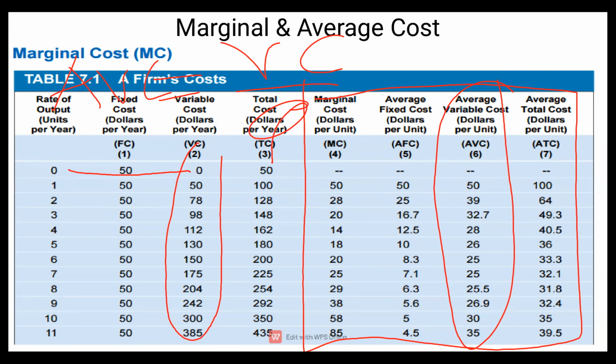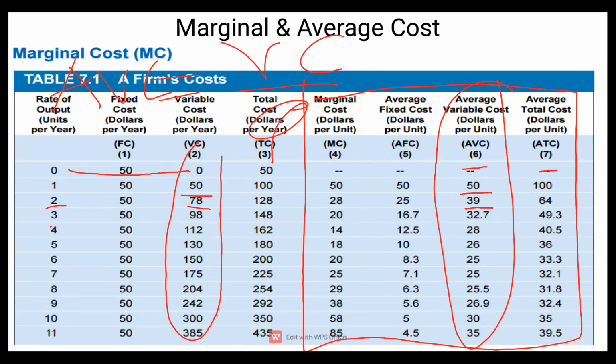0 divided by 0 is 0, okay? And what is it here? Oh, it is 0 here. Then what is 50 divided by 1? It is 50, okay? 78 divided by 2 is 39, right?